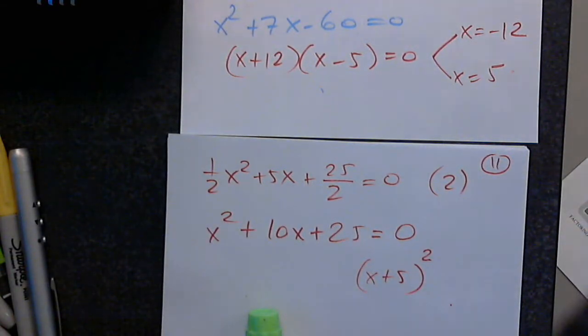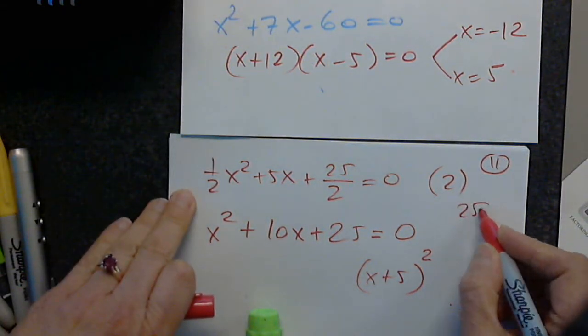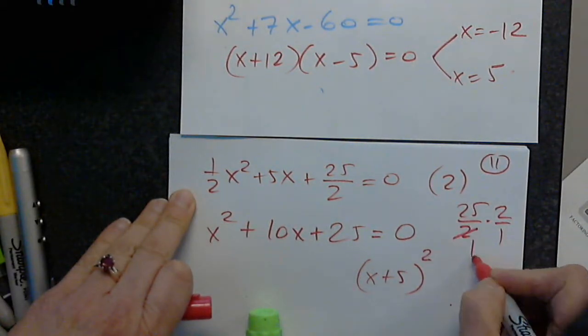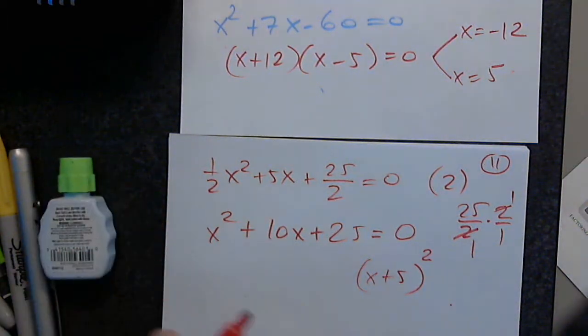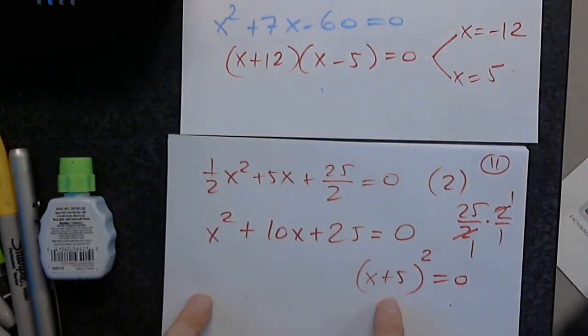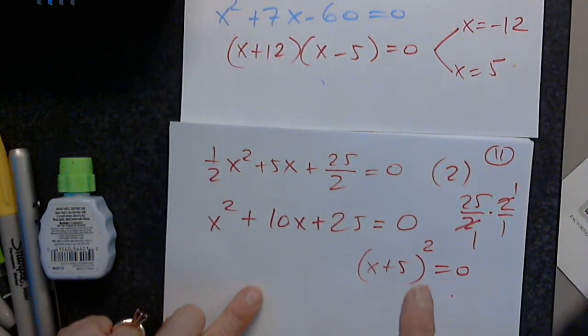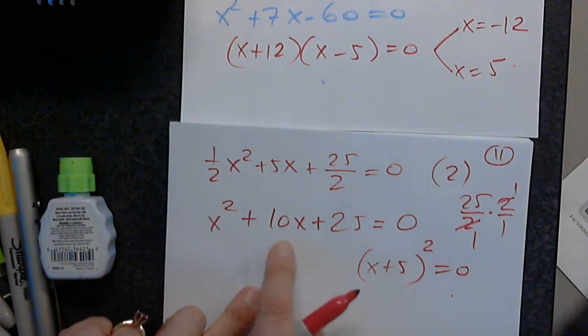Multiplying the fraction gets rid of the 2 below it. 25 over 2 multiplied by 2 over 1. Oh, got it. We always simplify first before we multiply to make our life easier. So I have to check the middle term. 2 times the first times the second, is that 10x?